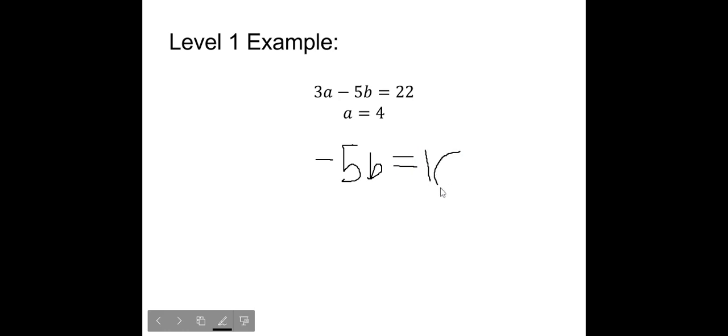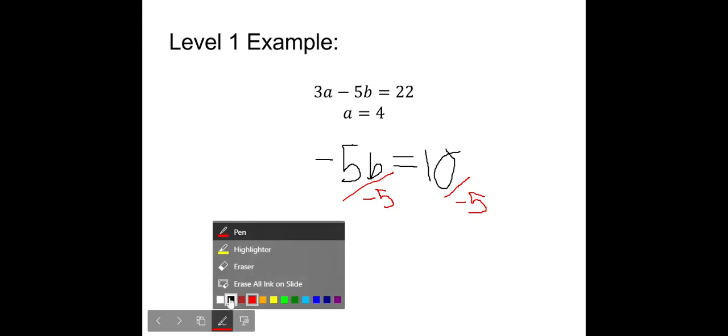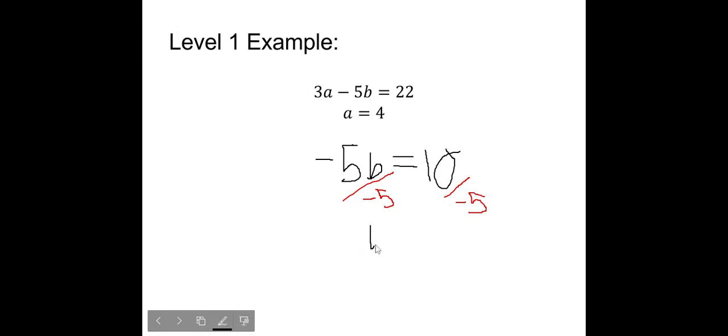That's what we found. And so if I divide both sides by negative 5, my final answer is going to be b equals negative 2. Awesome.